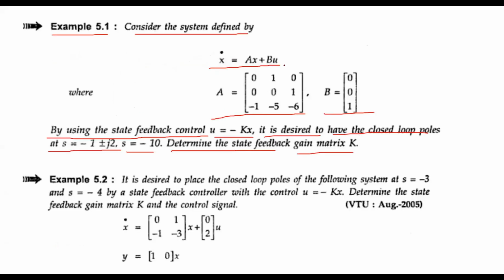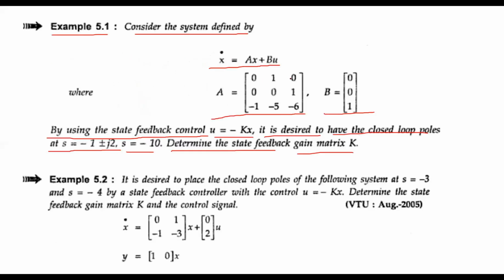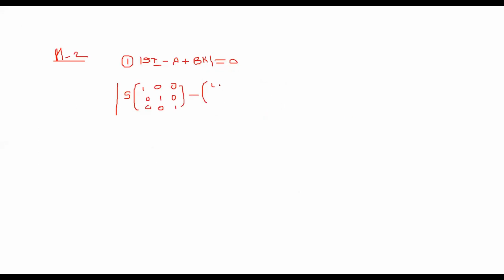Look at this one. What is the order of the matrix A? It should be 3. Therefore, the identity matrix of the given system is 1, 0, 0, 0, 1, 0, and 0, 0, 1, minus the matrix A, which is 0, 1, 0, 0, 0, 1, minus 1, minus 5, minus 6.